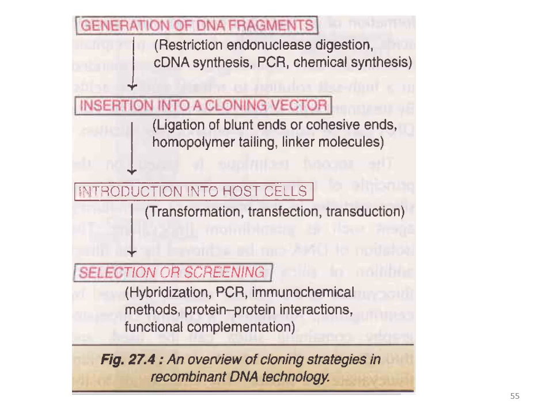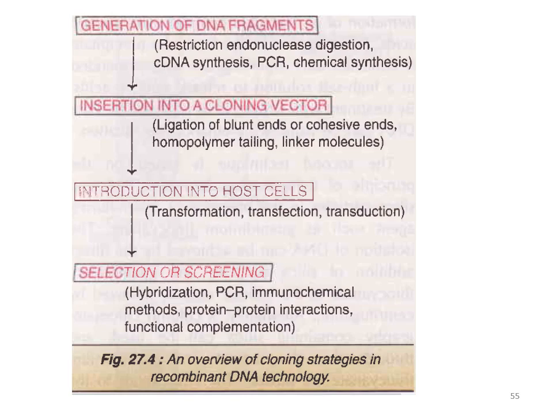In these host cells, the recombinant DNA is propagated, and transformation, transfection, and transduction processes are employed by the host cell. The next step is the selection or the screening of the host cell, to see which type of host cell accepts the recombinant DNA and which are not accepting the recombinant DNA.